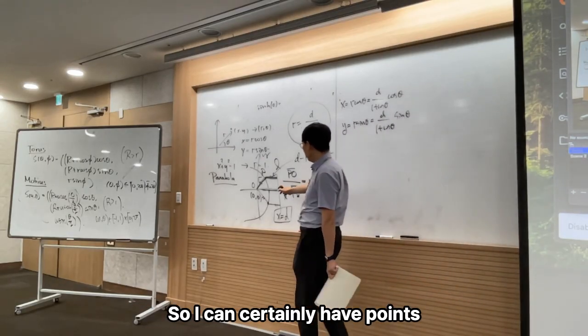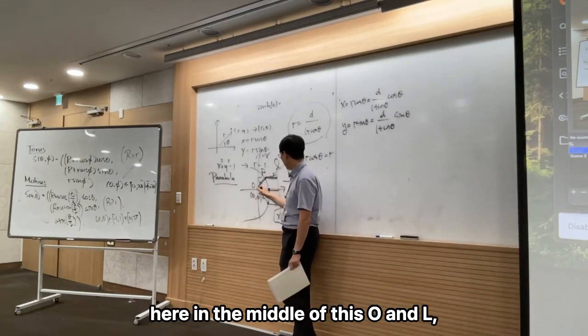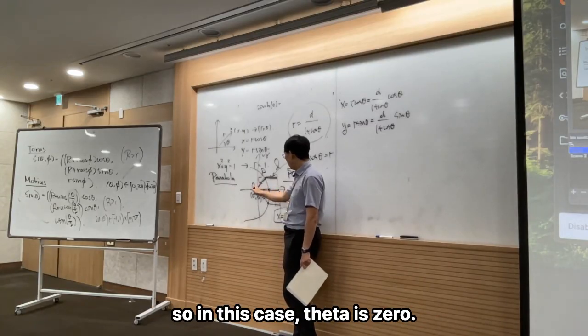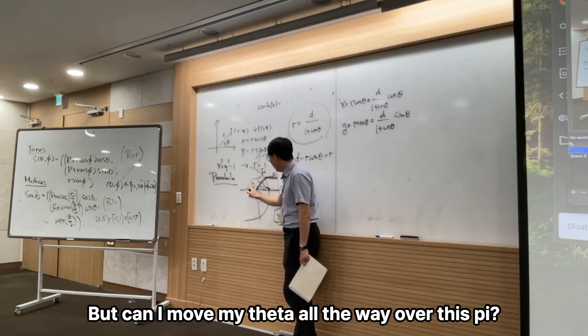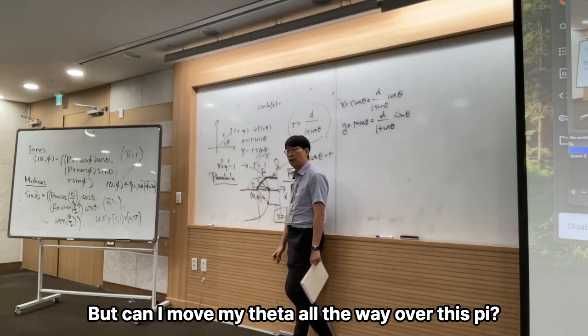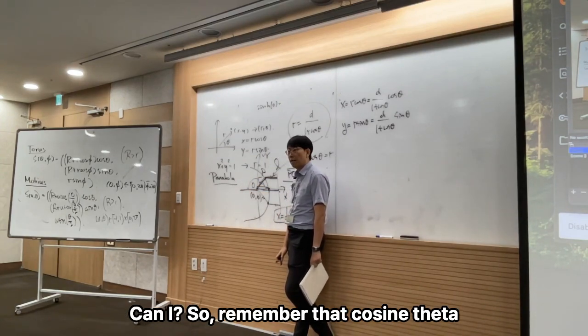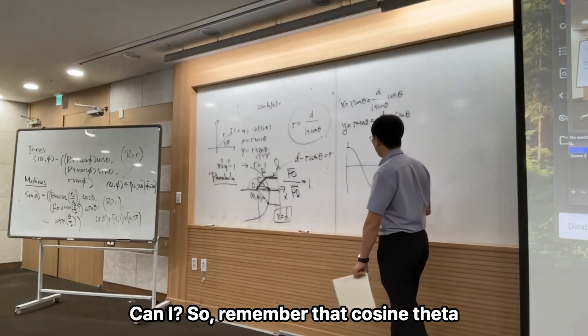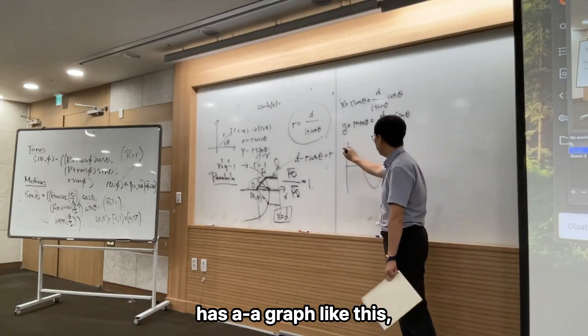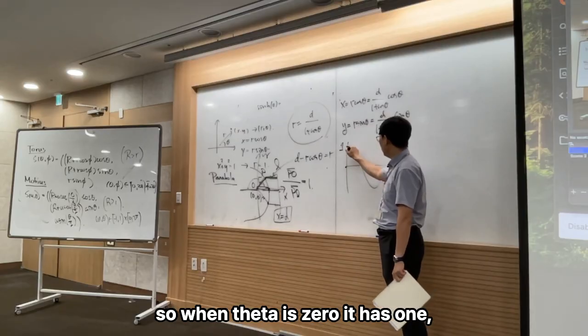I can certainly have points here in the middle of this O and L. In this case, theta is 0. But can I move my theta all the way to pi? Can I? You remember that cosine theta has a graph like this. When theta is 0, it is 1.